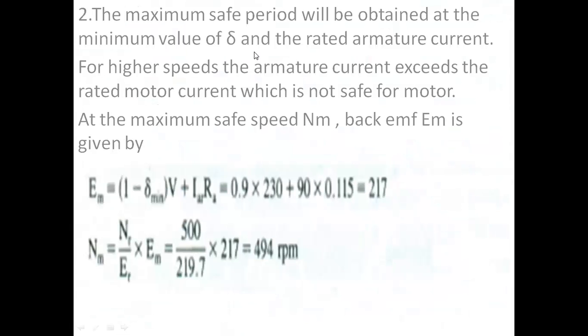So if you put a minimum value of delta, you can get a maximum safe speed. For higher speeds, the armature current will be exceeding the rated motor current, but this is not safe for the motor.